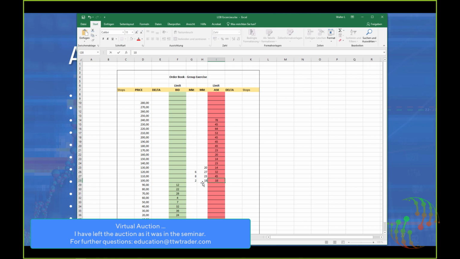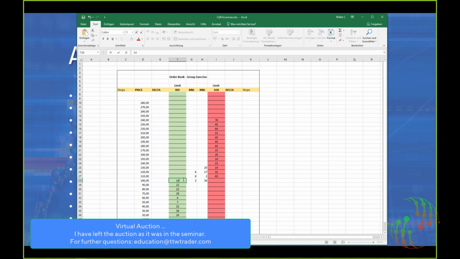That means we have nothing here. We have 36 here, and we are trading 43 here. So now the price goes up, because Bart lifted the price by one level, and we are now trading 43 at 110, and I'm willing to buy 14 at 100.